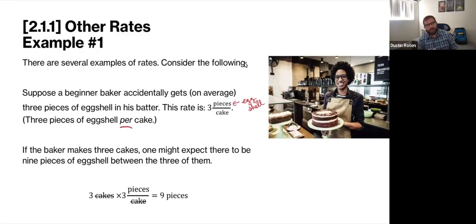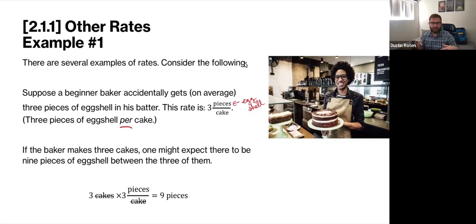Now, if the baker makes 3 cakes, one might expect there to be 9 pieces of eggshell between the 3 of them. Okay, that makes sense if we expect 3 per 1 cake, and there's 3 cakes. Well, then we can multiply the number of things by the rate of the thing happening. And that tells us, in this case, how many pieces of eggshell we would expect.